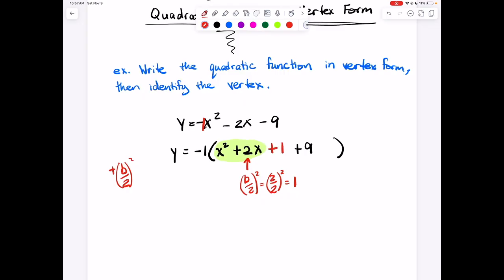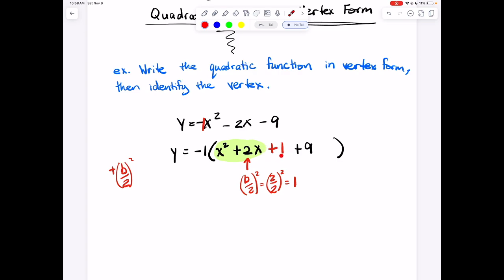Now what you learned before when you were solving quadratics was whatever you do to one side, you have to do to the other side. So in the topic before, we would be adding 1 to this side and taking it away from that side. But that makes no sense here in this specific type of problem. We don't want to change that value.